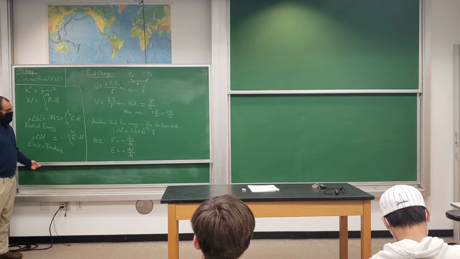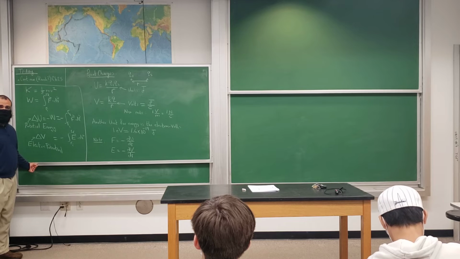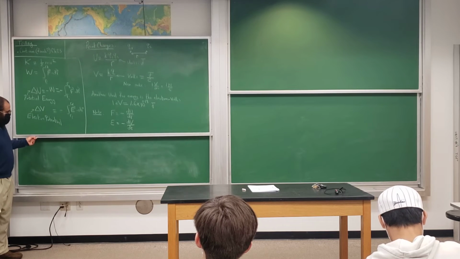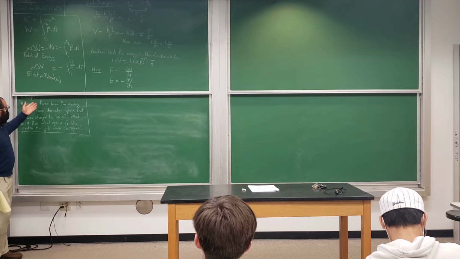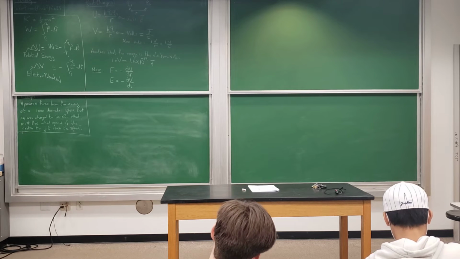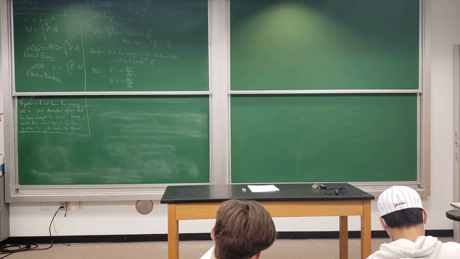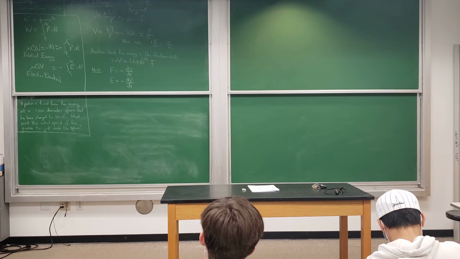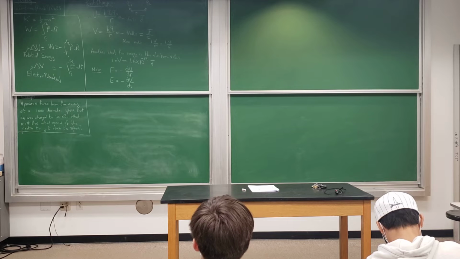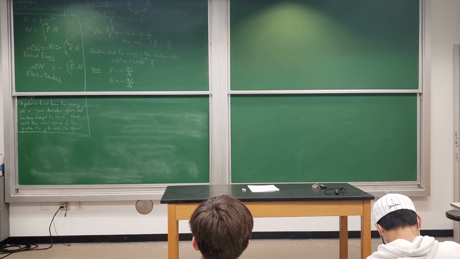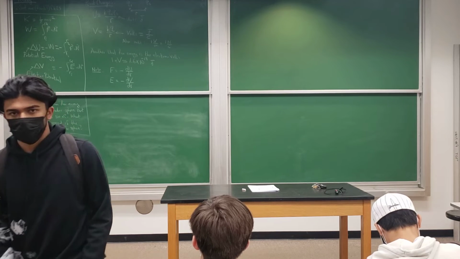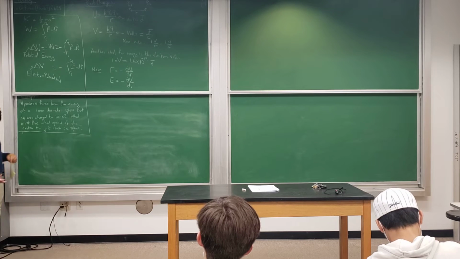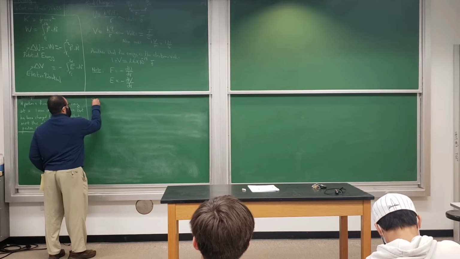So let's get an example with this one. It says a proton is fired from far away at a 1 millimeter diameter sphere that has been charged to 100 nanocoulombs. What must be the initial speed of the proton to just reach the sphere? I'm going to put a little sketch here.